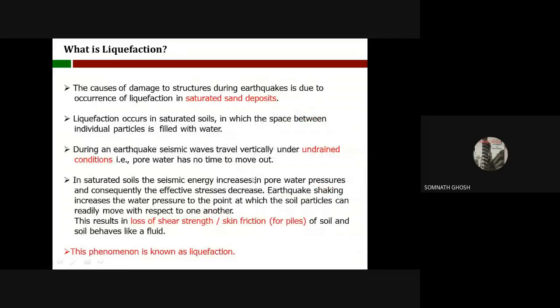So you see, the cause of damage to structures during earthquakes is due to occurrence of liquefaction in saturated sand deposits. That means not only sand, it may be sandy clay, or it means the quantity of sand is more.